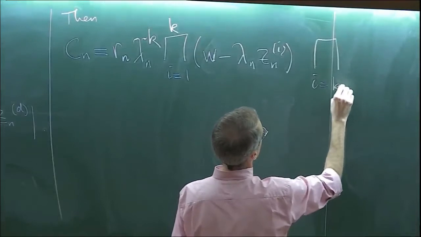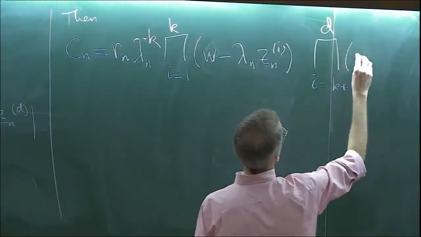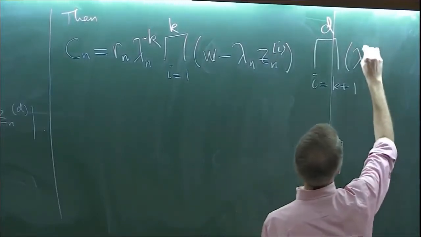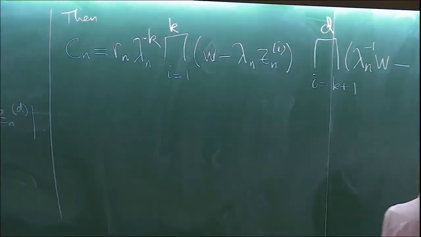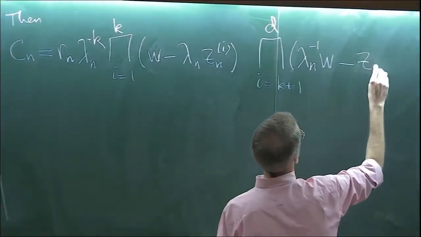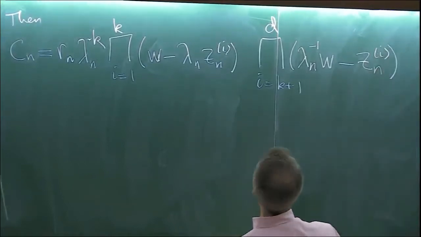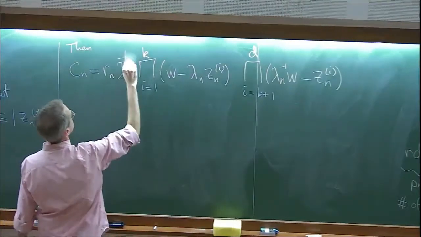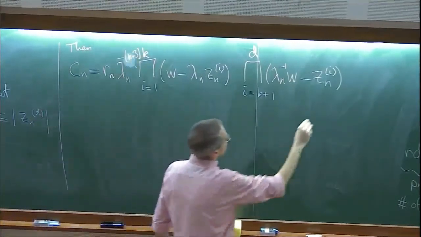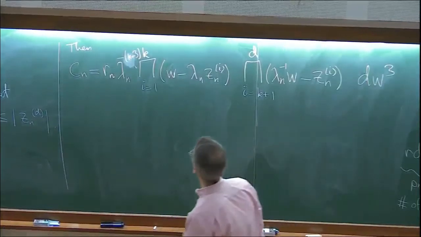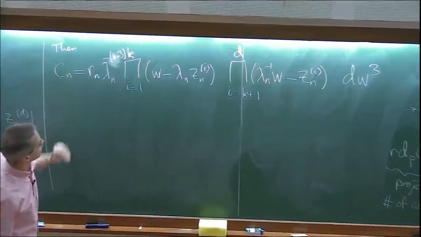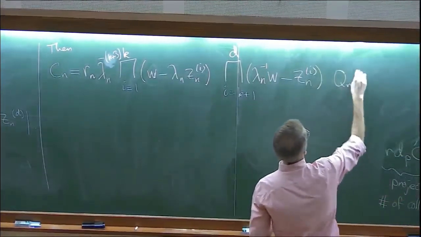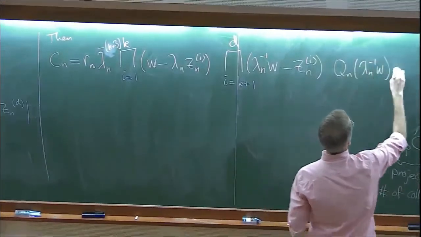This is the product from i equals k plus 1 to d of lambda n inverse w minus Zni. And then we have an additional three factors of lambda n inverse, to the negative k plus 3, dw. And my Qn of lambda n inverse w, dw cubed.